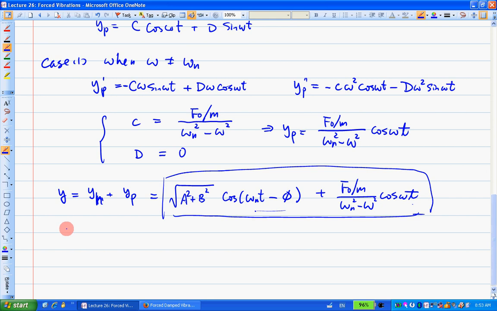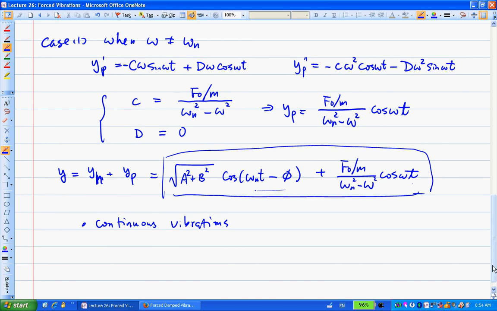It makes much sense as we expected, because you're going to have a continuous oscillation. There's no damping, right? And it's not going to go away. So number one, here there is a continuous vibration or oscillation.